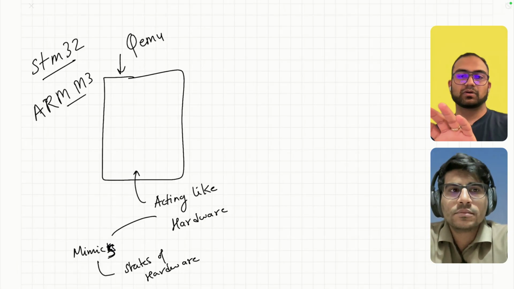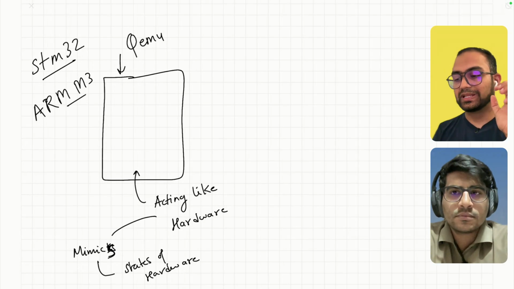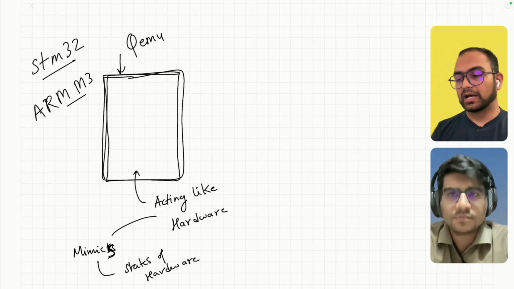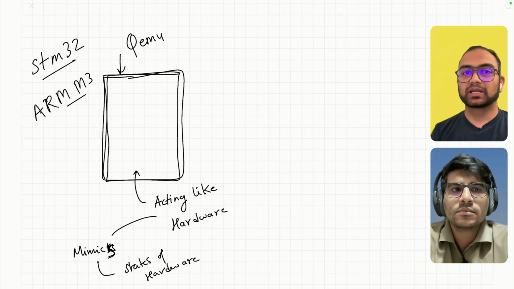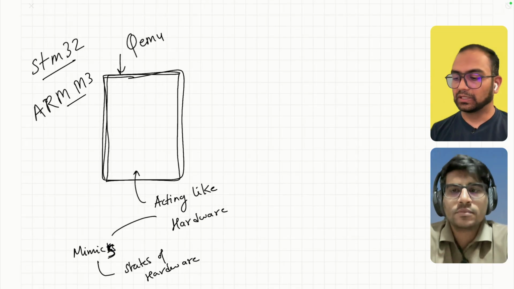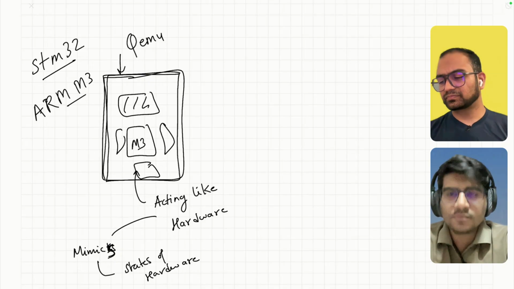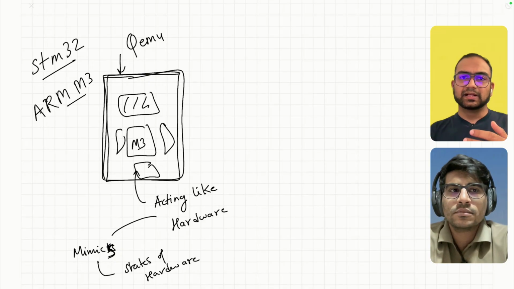So what we saw Mohammed holding was one of the development boards, and my claim is that QEMU as a software allows us to mimic exactly that board. Which means it mimics the M3 processor on it, the memory, the I/O, the timer, everything.